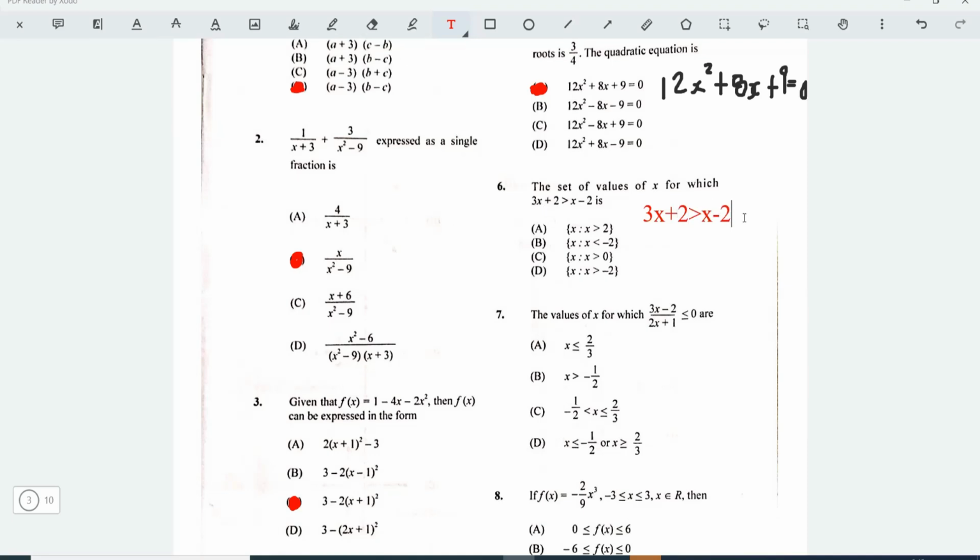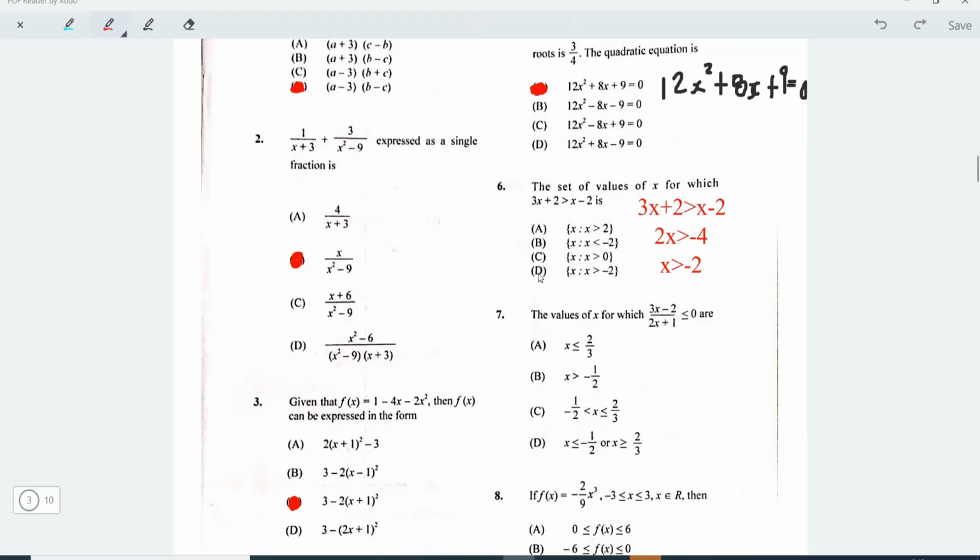So bring over the x to the other side. Bring over the x over here to get 2x is greater than. Bring over this plus 2 over here. So it becomes minus 2, so we get greater than minus 4. Then you divide through by 2 to say x is greater than negative 2. Easy. That is option D.